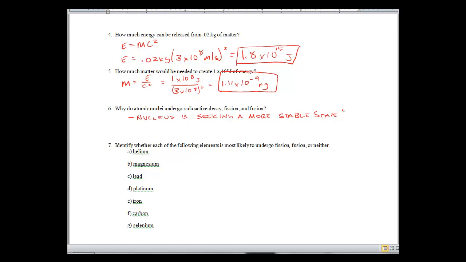In fusion, we see this mostly in stars, because of the massive amount of heat and pressure, I'm putting nuclei really, really close to each other. And it turns out that two hydrogen nuclei would rather just be one helium nucleus when we jam them together. That's a more stable state, and so they slide into that. That's fusion.